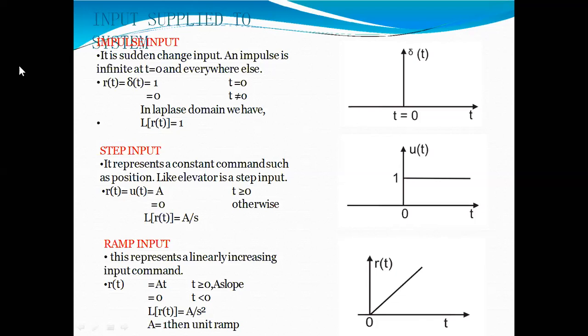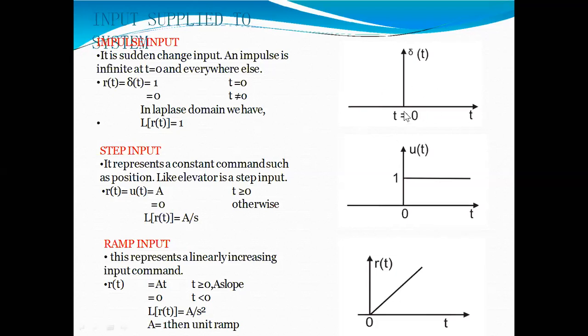Now first we will take the impulse input, or simply you can call it the impulse response. Do you know what you mean by impulse response? It is represented by delta of t in the continuous time domain, and in discrete time it becomes delta of n. At time t equal to 0, you have the value delta of t equal to 1.